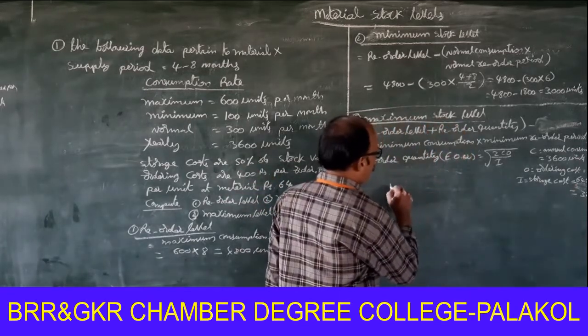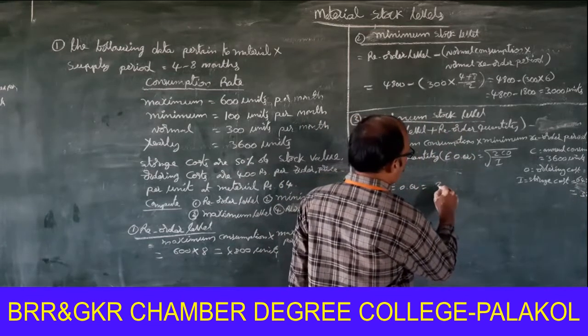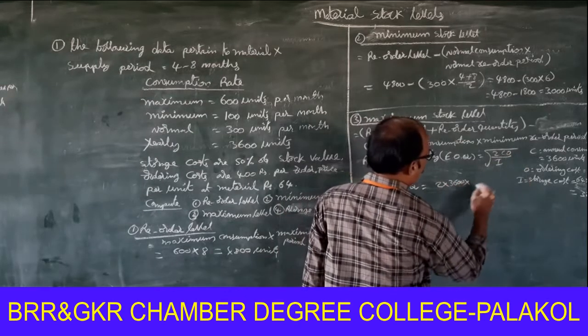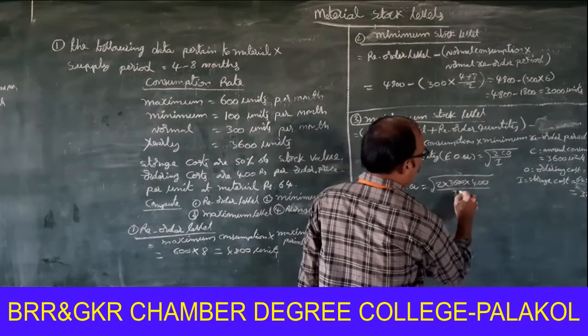Then EOQ is equal to root of 2 into 3600 into 400 by 32.